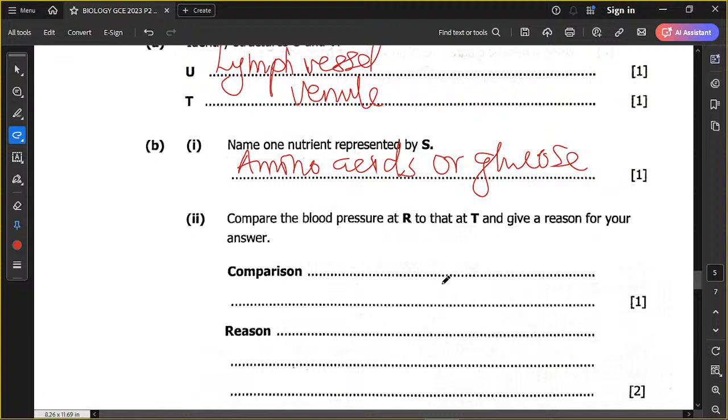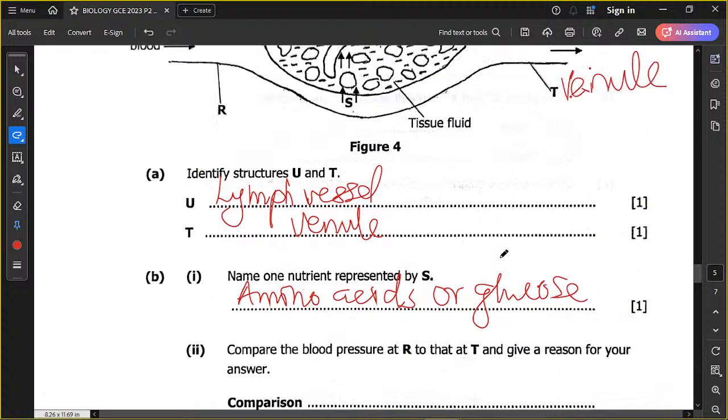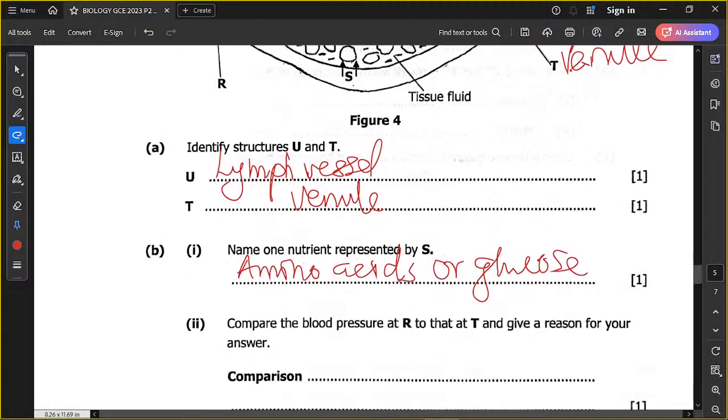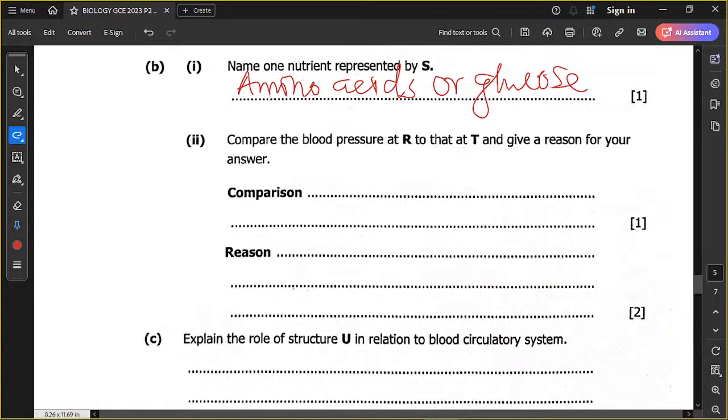So we have the blood coming from here going to T, and here is R. The blood is coming this side, going this side. So what happens at R? The blood at R is carried at a high pressure.